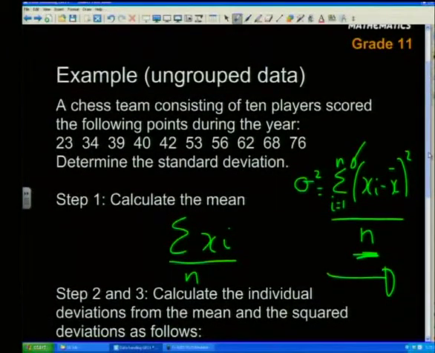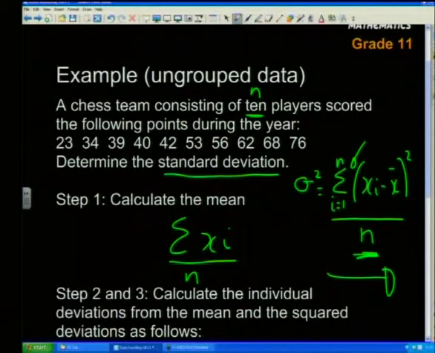They say that a chess team consisting of 10 players scored the following points during the year. So therefore, our n must be 10. They give you the points that they've scored over the year. They ask you to work out the standard deviation. Remember, standard deviation is the square root of variance. The first thing we need to do is to work out the mean. So how do we work out the mean?